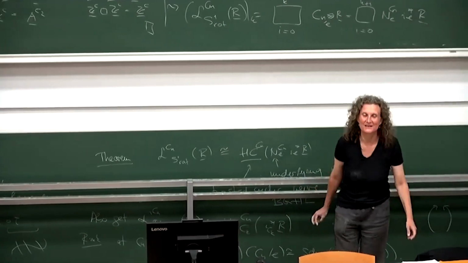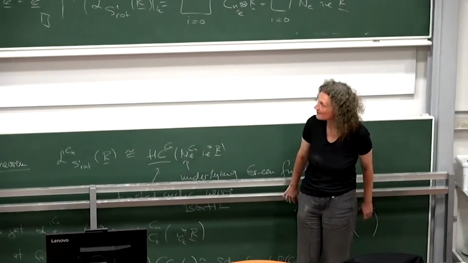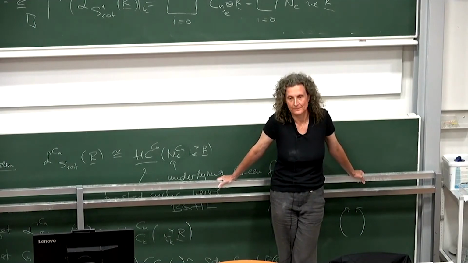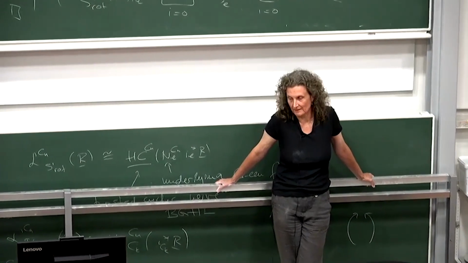I have a question. In Loday's original setup, he used the gamma object or whatever to cook up some operations on cyclic homology and Hochschild homology. Is there any equivariant version in your setup? Probably.